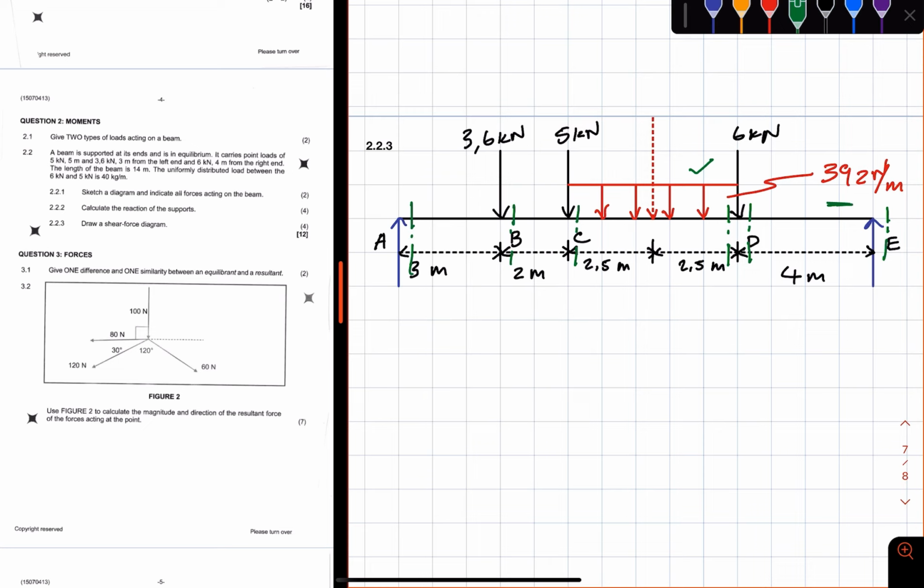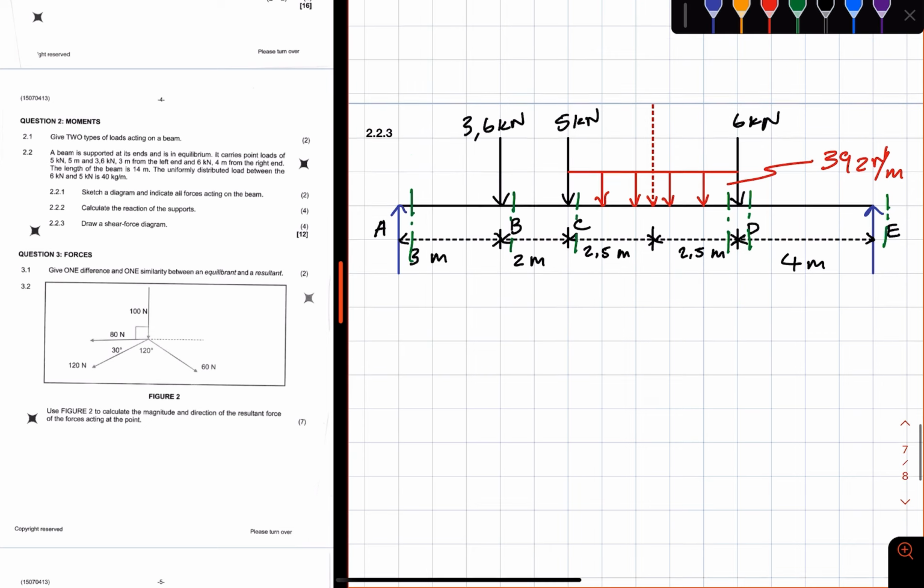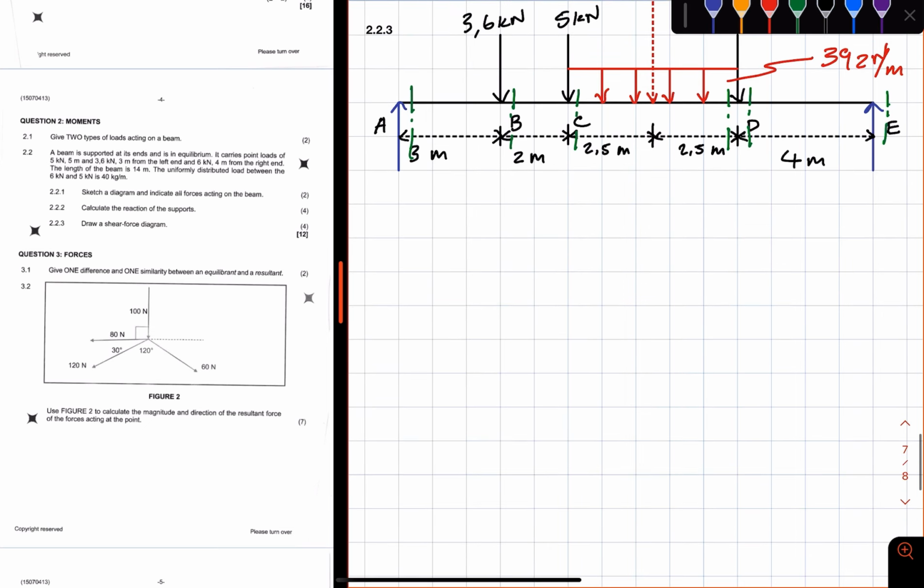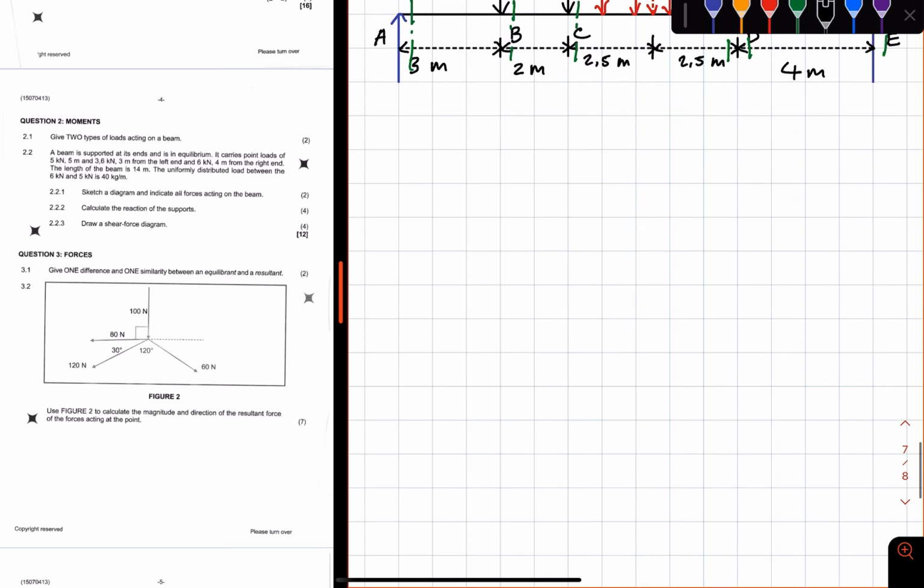And then we draw our shear force diagram considering the sections we have labeled, the sections we've drawn on our free body diagram, right? Right. Let's draw our shear force diagram.